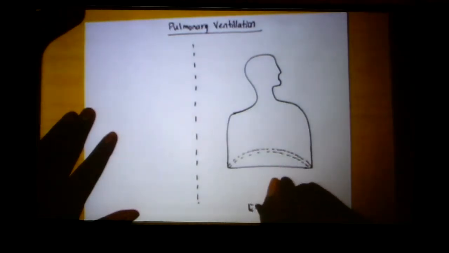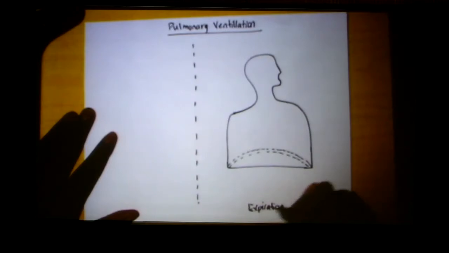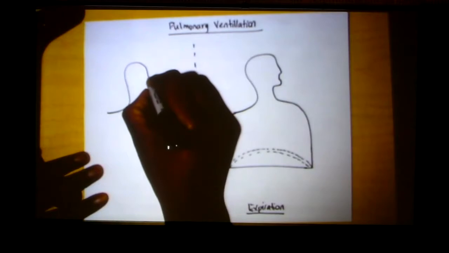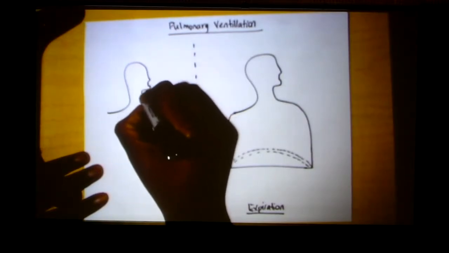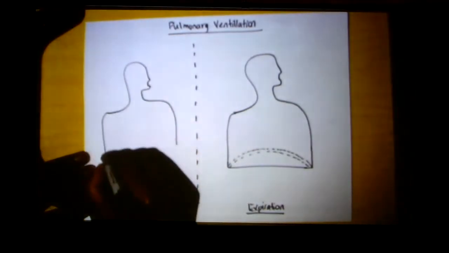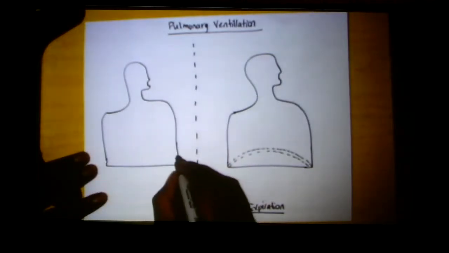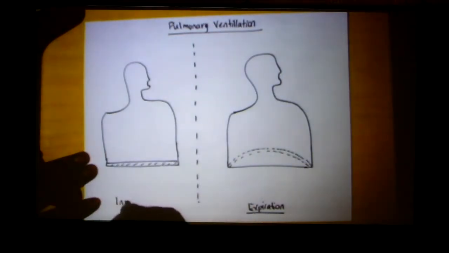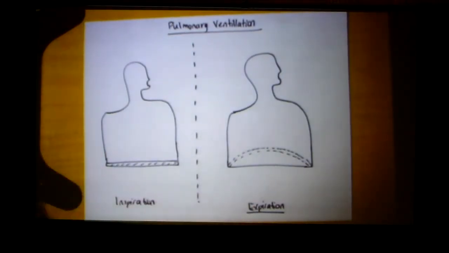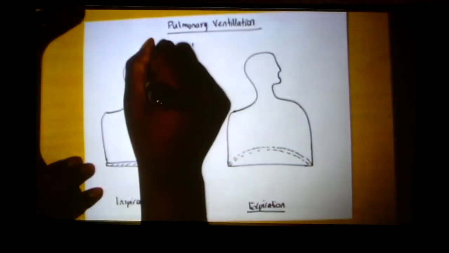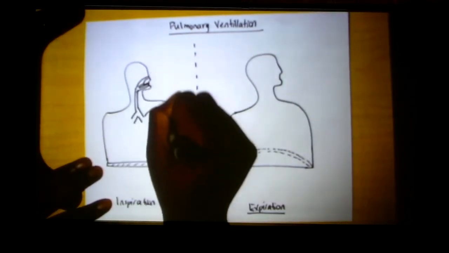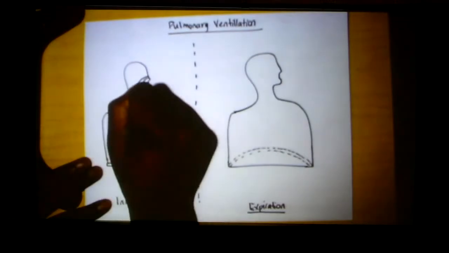So expiration, and then we'll look at inspiration over here. Okay, let's just draw the airway here. Let's draw our lungs, nice and inflated.